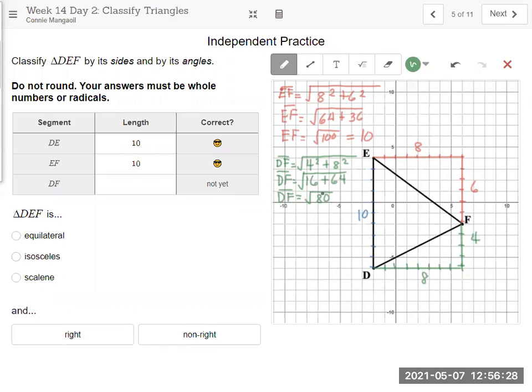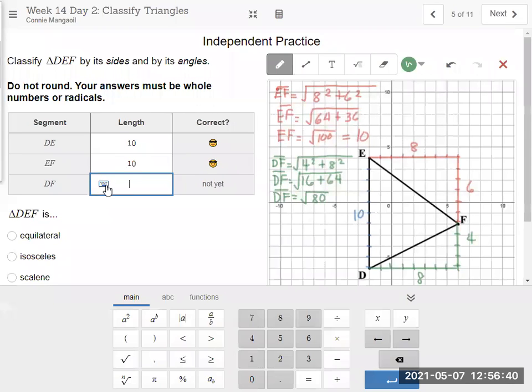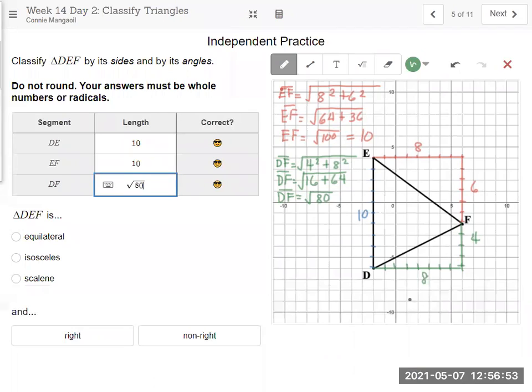Okay. And we know that 80 is not a perfect square. When you get the square root of 80, you get a decimal. So we don't want a decimal. That means we are keeping the square root of 80. Okay? Square root of 80. All right, so let's look at the sides.